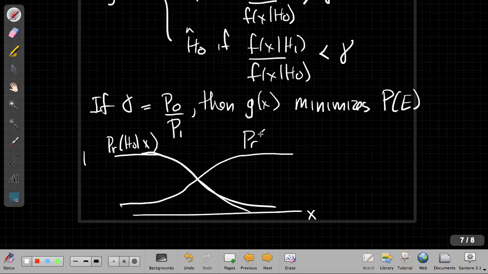This is my probability of H1 given x. And for a given value, some measurement I get, say maybe here, of this x, I'm basically just comparing these two and saying, right here, this one's bigger, so for this value of x, H1 was more probable, I'm going to guess it. You're always going to pick the more likely thing based on that.